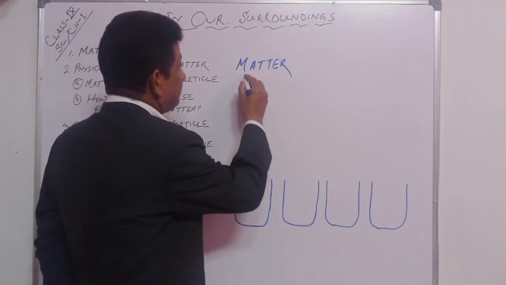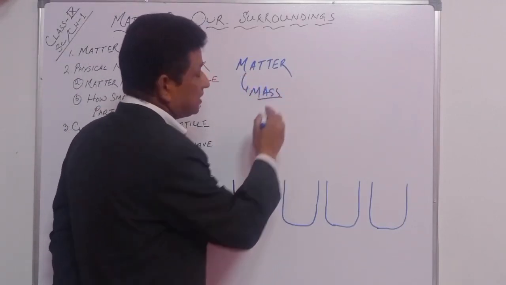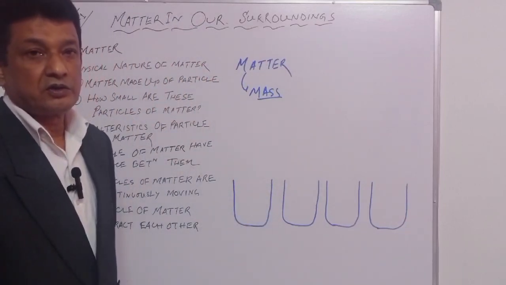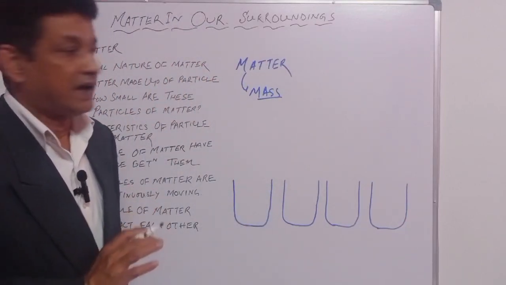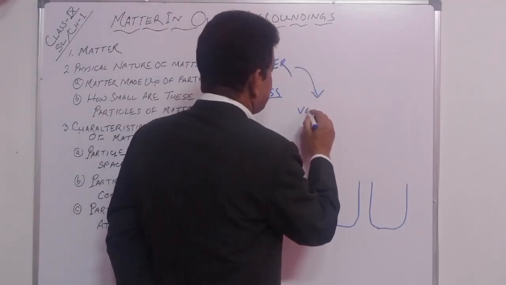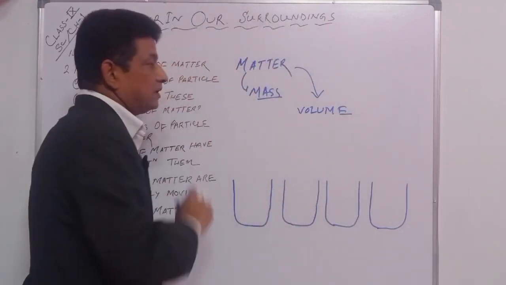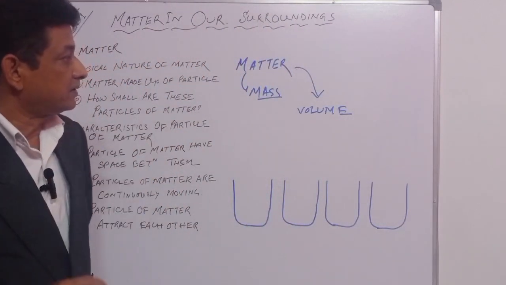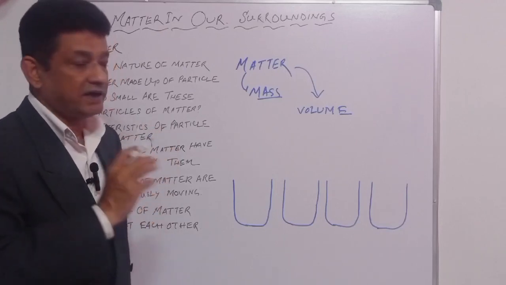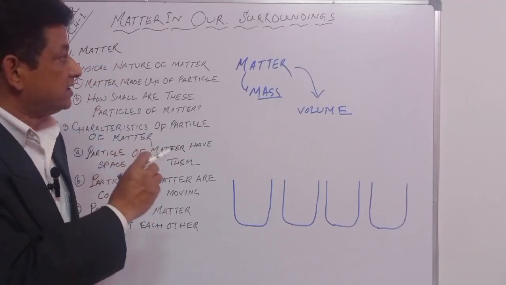It must have mass. Mass is the internal quantity of matter. So it must possess mass and it should occupy a volume in space. So if it satisfies these two things, that is it has mass and it occupies volume, then we can say that it is matter.